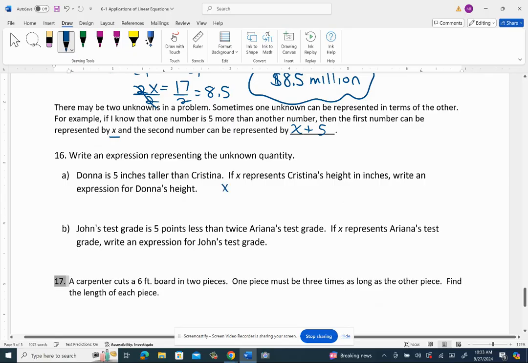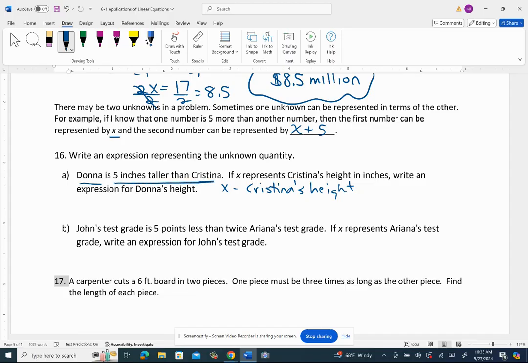So we're going to let X represent Christina's height in inches. And if we know Donna is 5 inches taller than Christina, then we know Donna's height would have to be whatever Christina's height is plus 5.